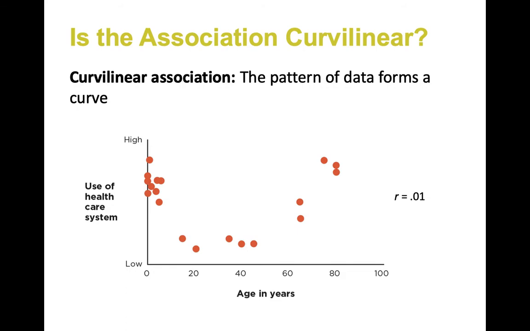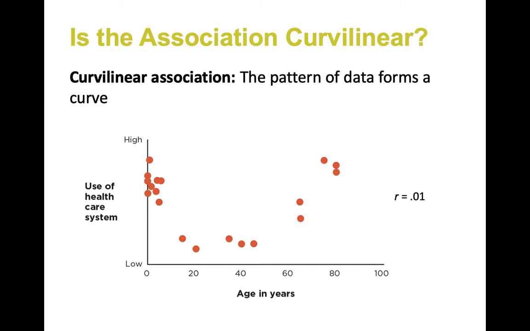Okay, another thing to consider is that a correlation is a number that describes the strength of linear association between two variables. But sometimes there's a relationship between variables that are non-linear. Here's a good example. In the graph, we've got a curvilinear association.